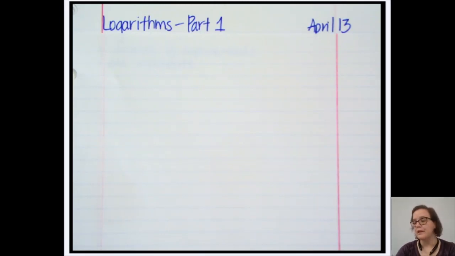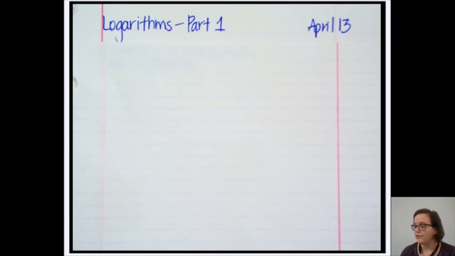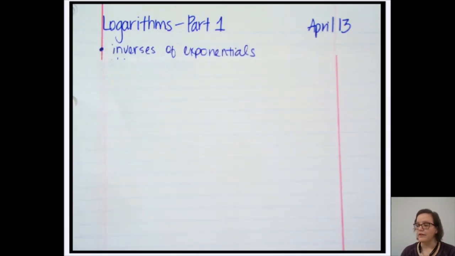So let's go ahead and get started with logarithms. First off, logarithms are inverses of exponentials, and that means when we go to do exponential equations, we'll be using logs sometimes, and when we go to solve logarithmic equations, we will be using exponentials some of the time. It just depends on the situation, but they do undo each other.